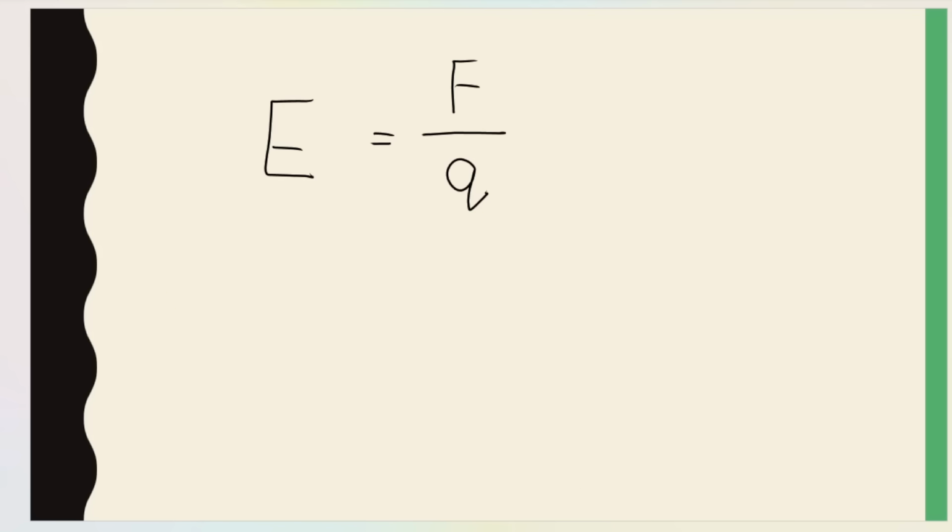Now, as you should know, force is measured in Newton. Charge is measured in Coulomb. You see how we're dividing? We're saying force divided by charge. So we're saying Newton divided by Coulomb. You should know maths.